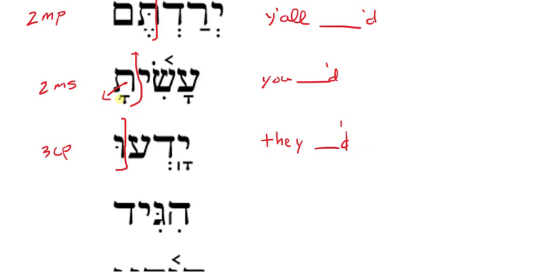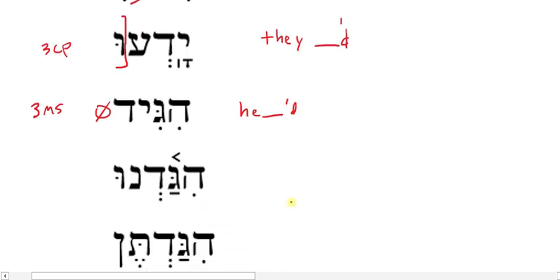Next, we have higid. What's my personal ending? Nothing. So it's third masculine singular. Who did it? He. Good. And then I have higadnu. What's my personal ending? Is the personal ending oo or nu? Ah, yeah, you see the silent shva here, right?